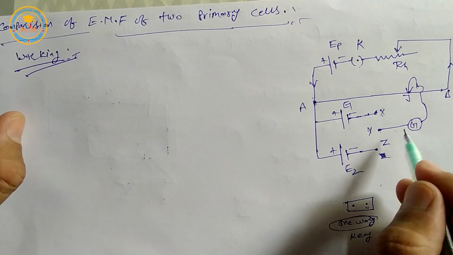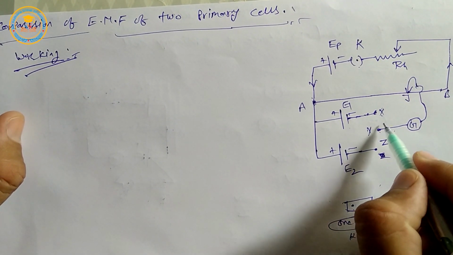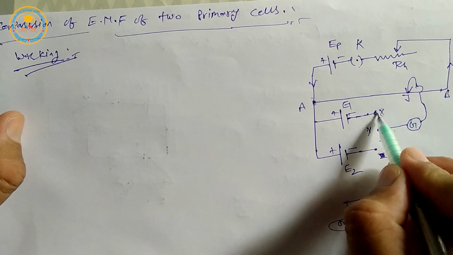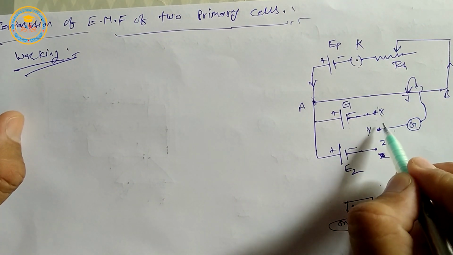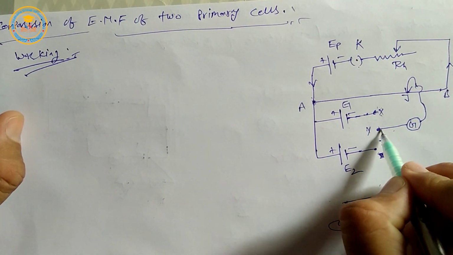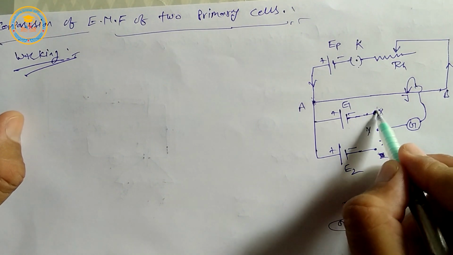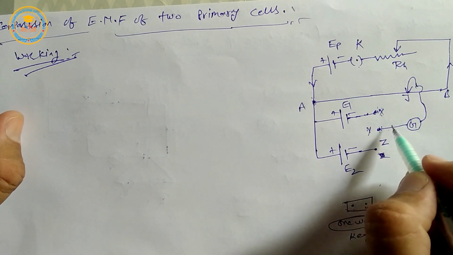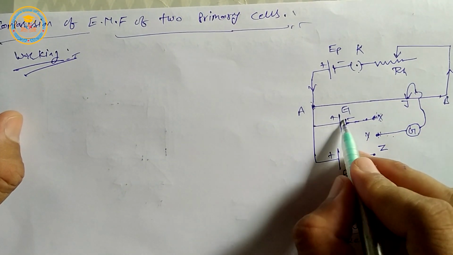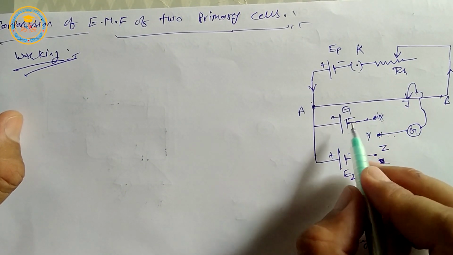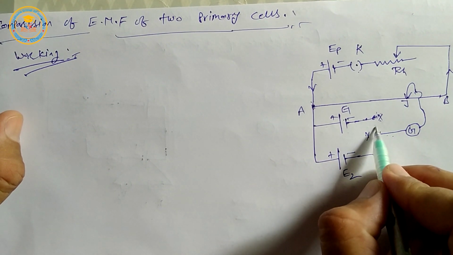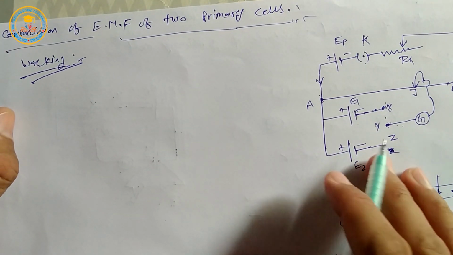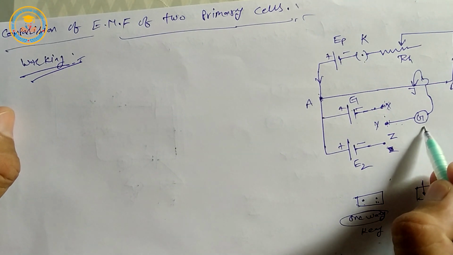Now insert a dot plug between the terminals X and Y of this two-way key. Then in this situation, this cell E1 is working. In this condition, this galvanometer shows a deflection.